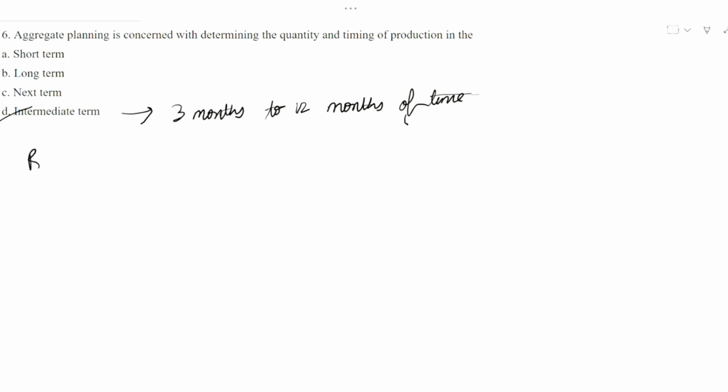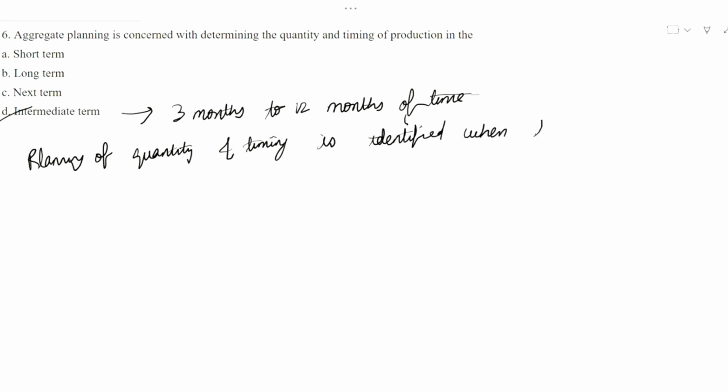So here the planning of quantity and timing is identified: when the different units or subcomponents will be needed.